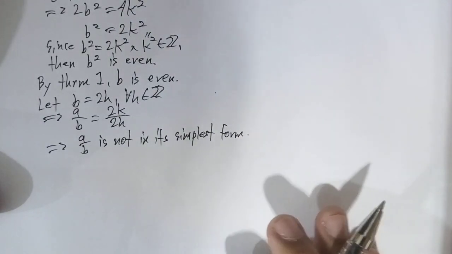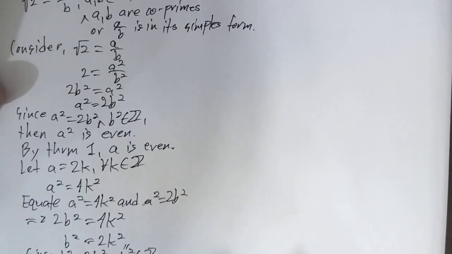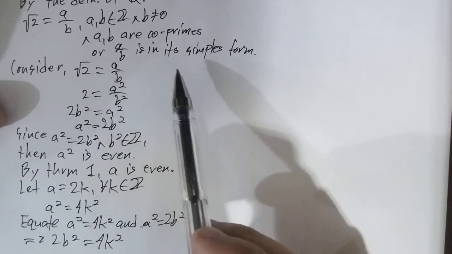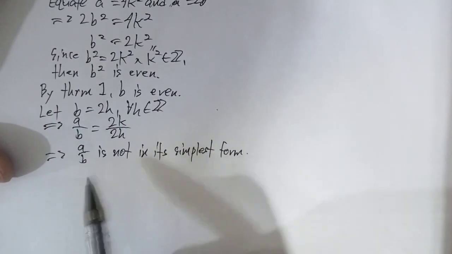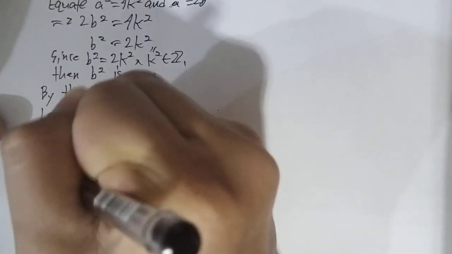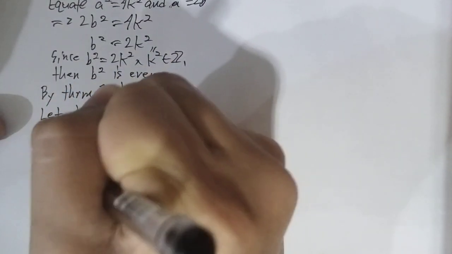Now, since we've assumed at the beginning that a over b is in its simplest form, and we've derived that a over b is not in its simplest form, there's a contradiction.